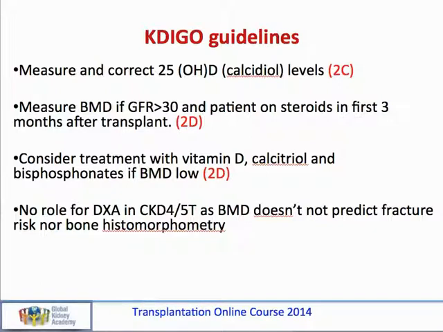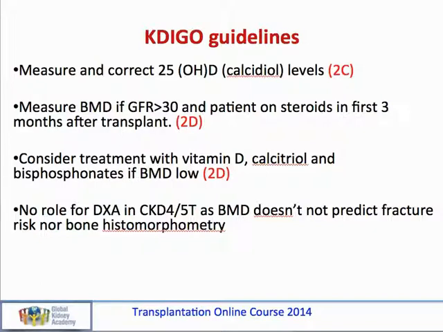KDIGO recommends that we should measure bone mineral density with a DEXA scan if the GFR is greater than 30 and the patient's on steroids in the first 3 months after a transplant. That's a 2D recommendation, meaning there's a very poor evidence base. The reason is that we don't really know whether any interventions such as bisphosphonates will actually improve outcomes after transplantation in terms of fracture.